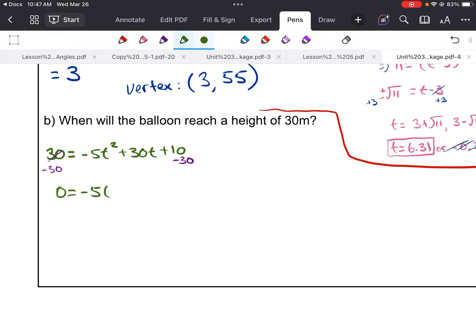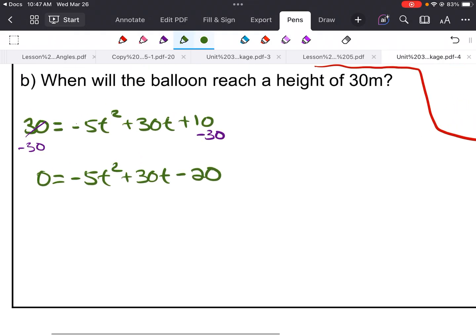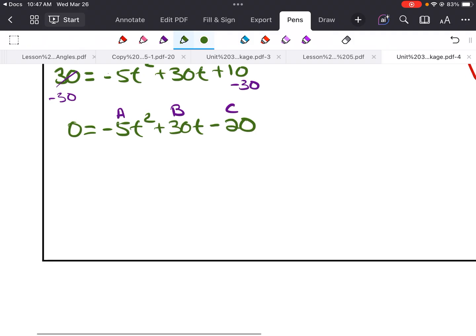So we have negative 5t squared plus 30t minus 20. Okay, we can common factor out negative 5, but we're going to come up with values that we can't factor, so we're going to use, again, quadratic formula. Just do it quickly here.